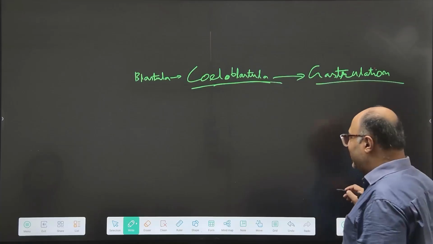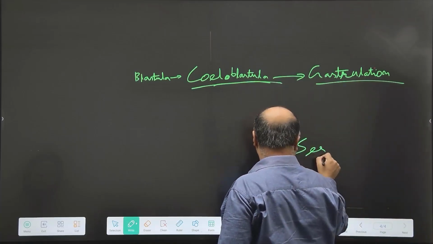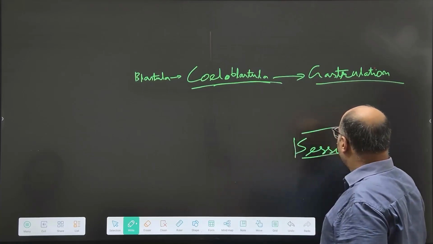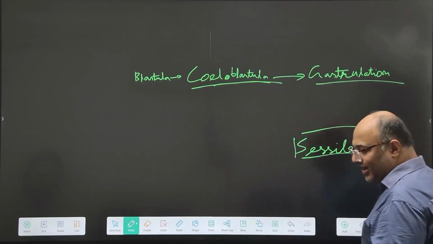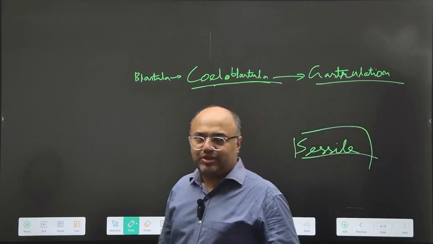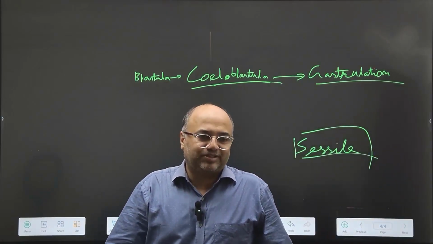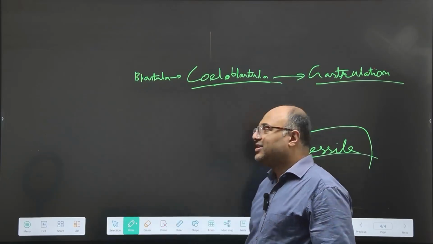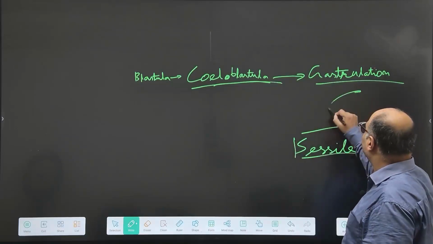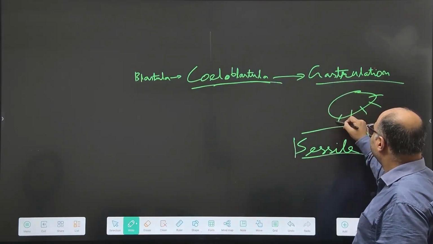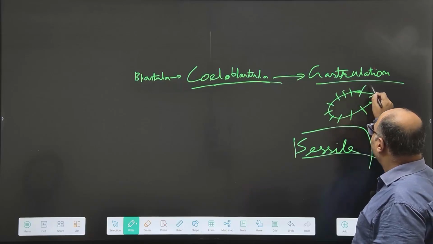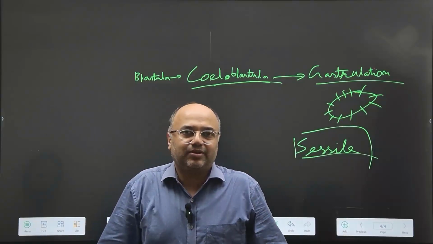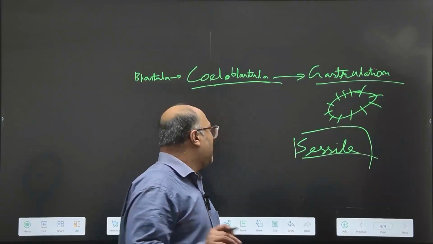So remember, there is one term which is very often used, sessile, which means unable to move. So most of the coelenterates, especially their polyp stage, and all sponges are sessile as an adult. But during the larval stages, the gastrula stage seems to have the flagella outside. And it can surely reproduce. Right. So I hope this is clear.